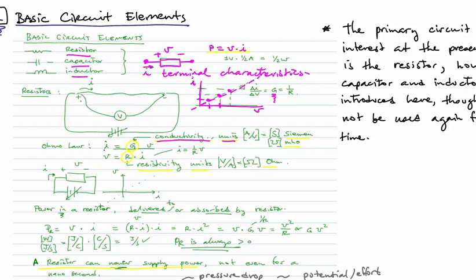And so we would say I is equal to G times V, or we could flip this around and write V is equal to R times I, where R is the resistance, and of course R is equal to 1 over G. They are reciprocals of each other. So R equal to 10 ohms means that if we have a resistance that's 10 ohms, it would have a conductance of 1/10 of a mho. Okay?